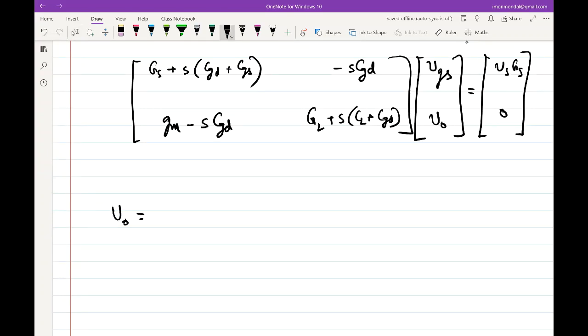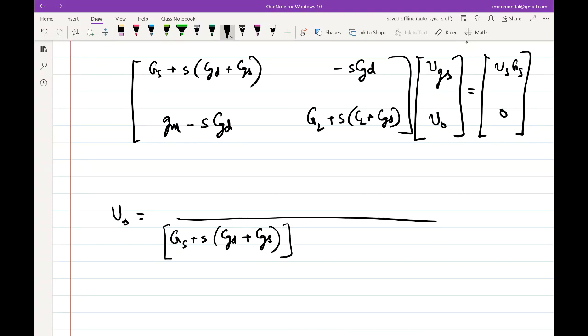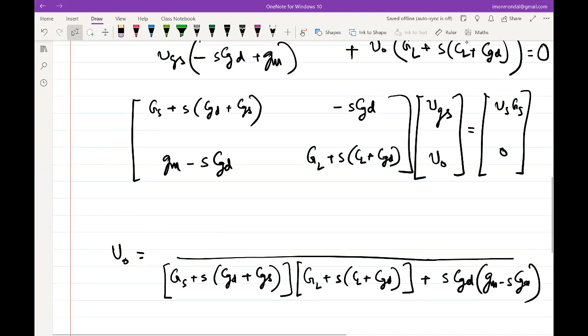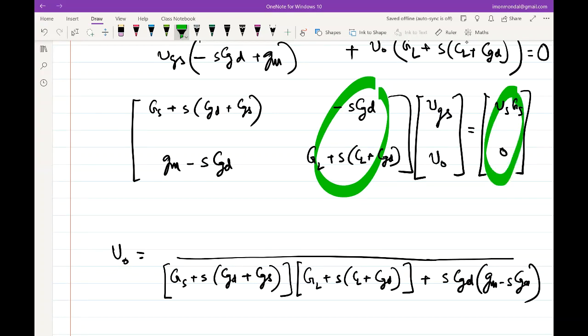V naught is equal to the determinant of the matrix, and in the numerator I'll have the determinant where I replace this column with this one and take the determinant.